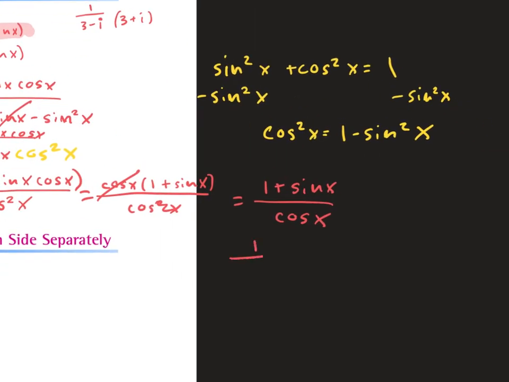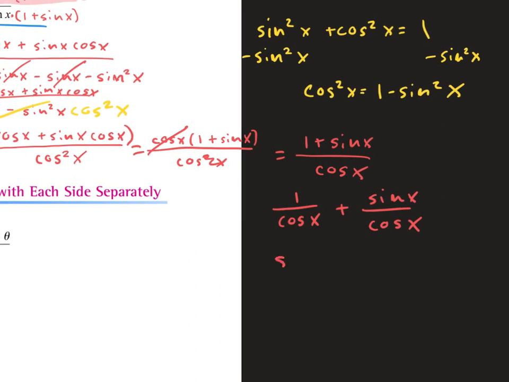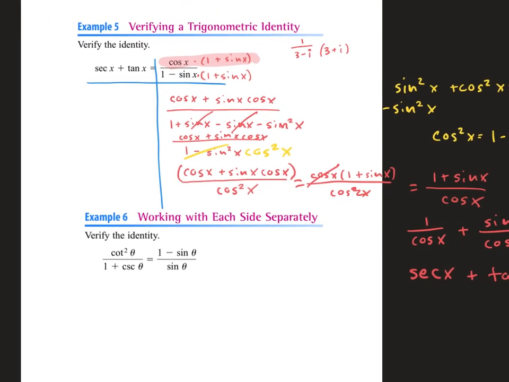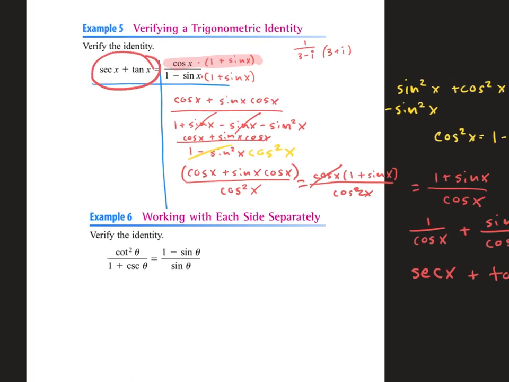So we have 1 over cosine x plus sine over cosine. You said 1 over cosine is secant, and sine over cosine is what? Tangent. Let's go back to see what we were trying to get. Oh my goodness, secant plus tangent. That's what we got. So we're done.